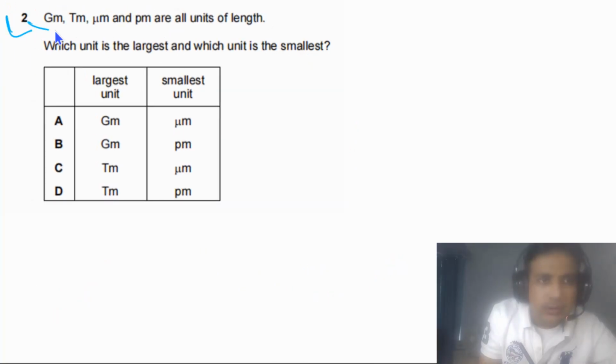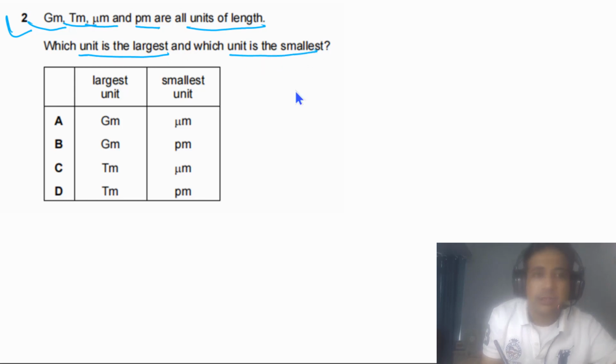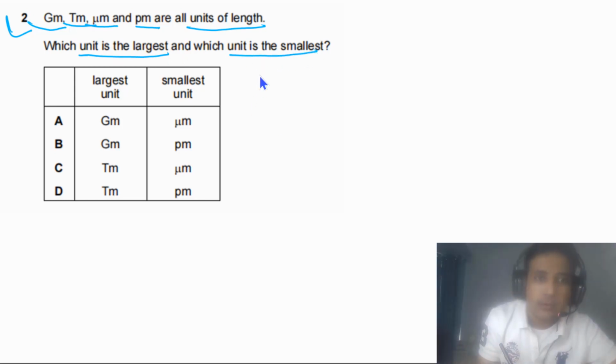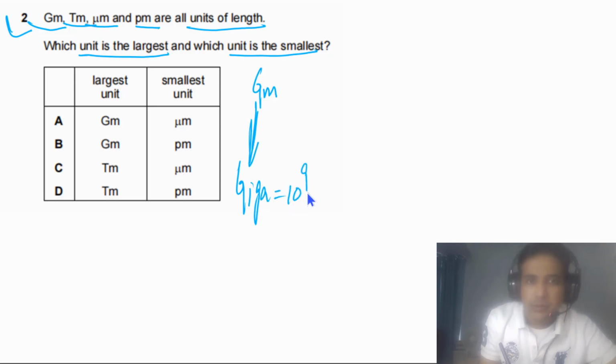Question 2 says gigameter, terameter, micrometer and picometer are units of length. Which unit is the largest and which unit is the smallest? So simply we need to understand the meaning of prefixes. The first one we have is gigameter. G is representing giga, and 1 giga is equal to 10 to 9.